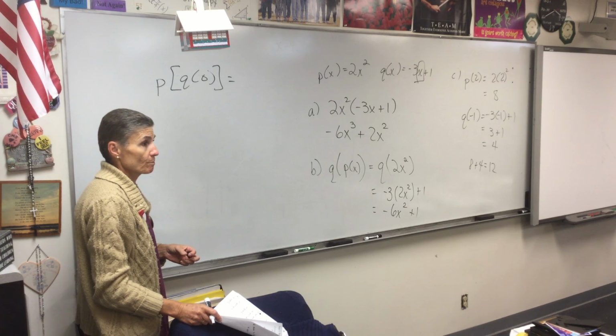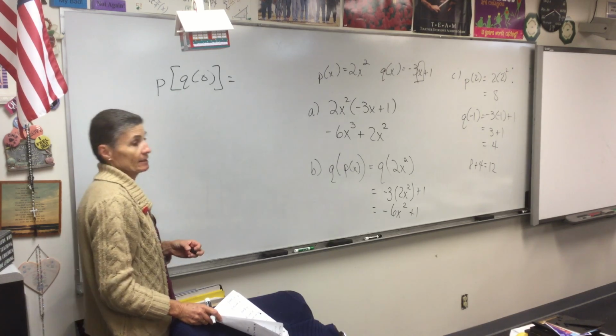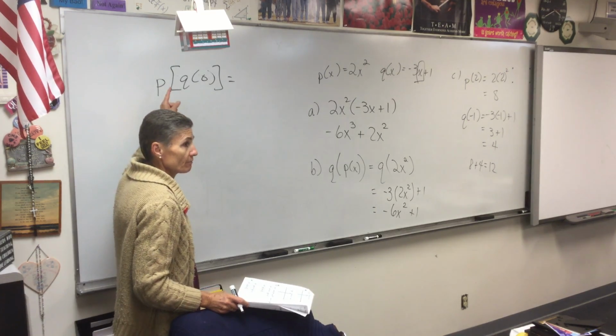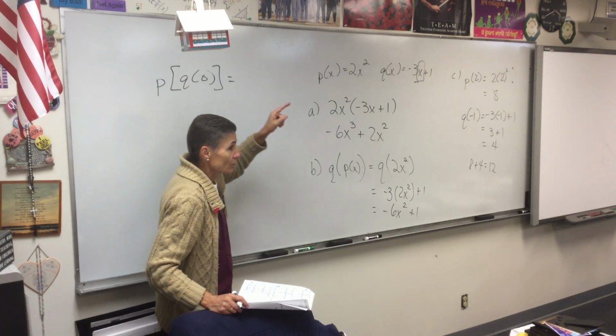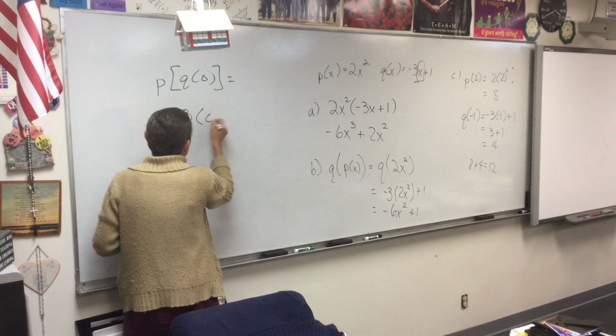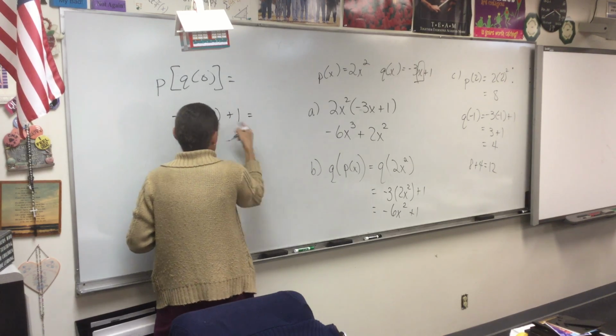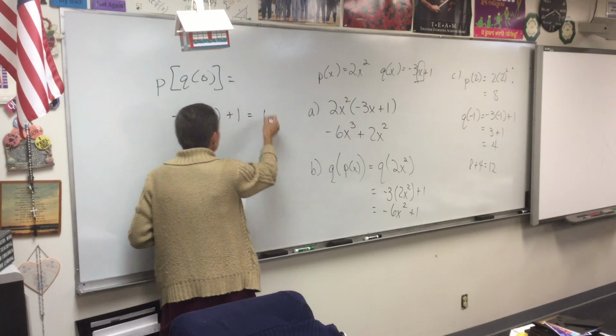What do I do first? Plug 0 in for the X in Q. Exactly. Plug 0 in for the X's in Q. So that'll be negative 3 times 0 plus 1. So the answer to this part is 1.